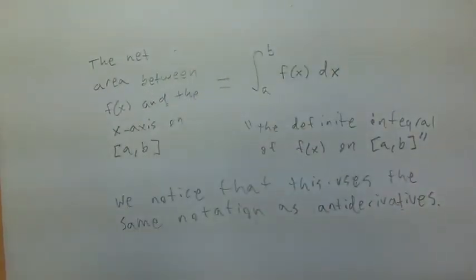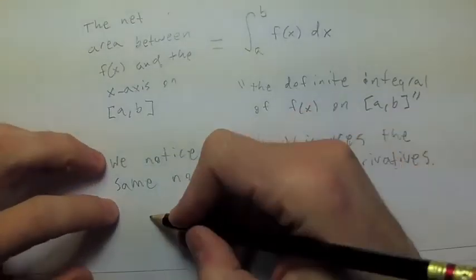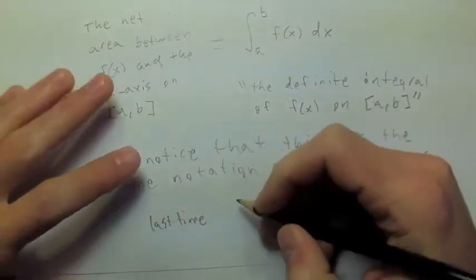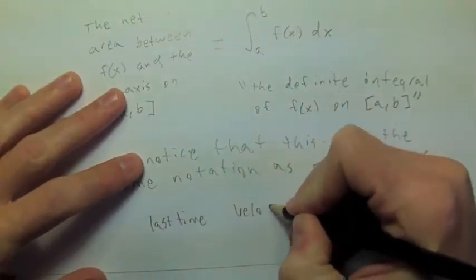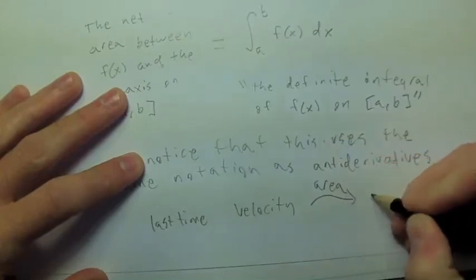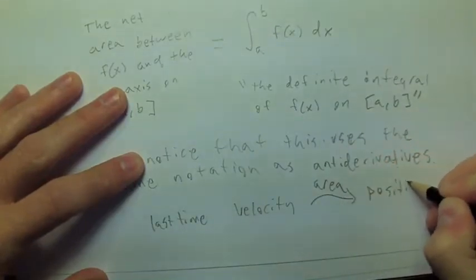And you could probably already guess that, because remember, last section, we were looking at velocities and using the areas to map them back to position, right? So remember last time, we were taking velocity and using the area to get back to position, essentially.